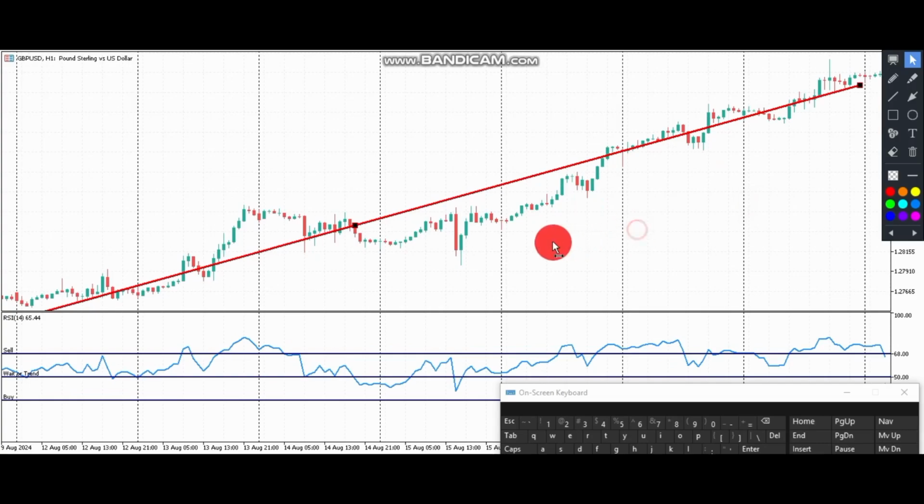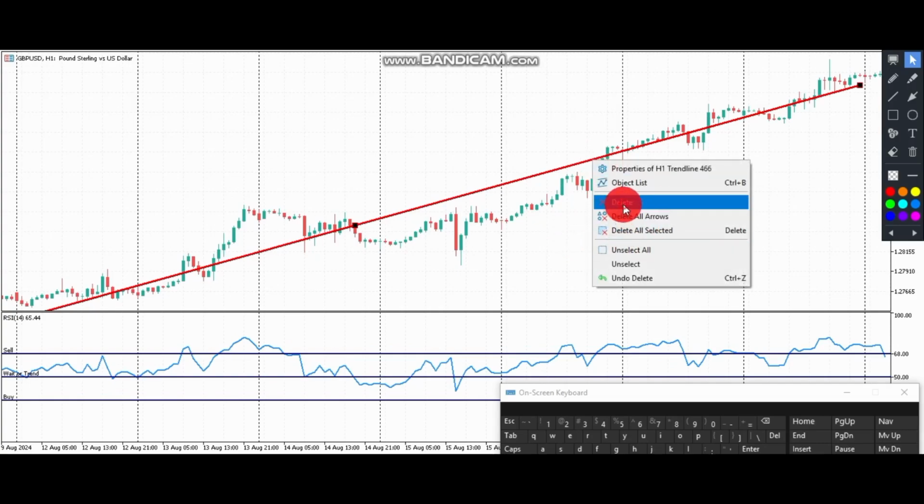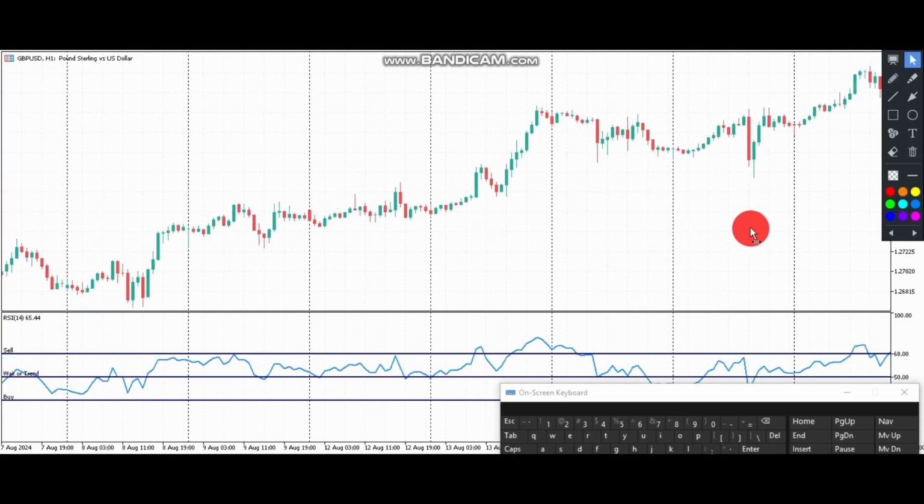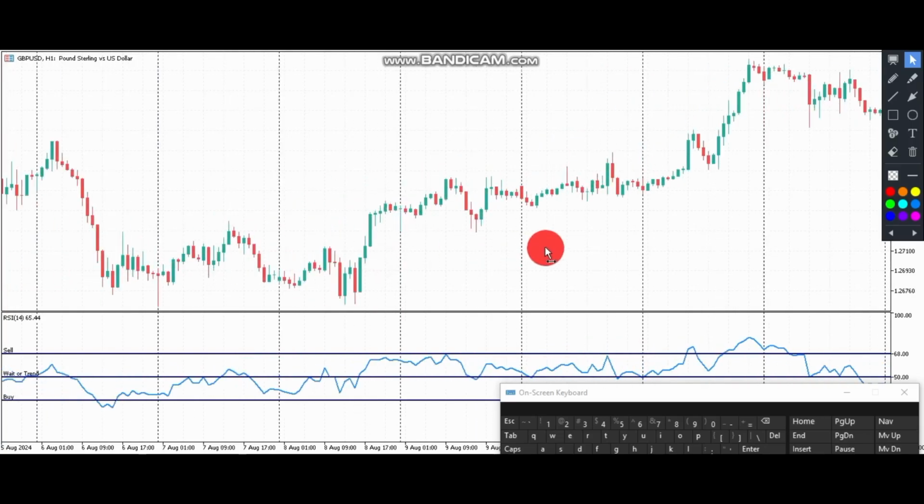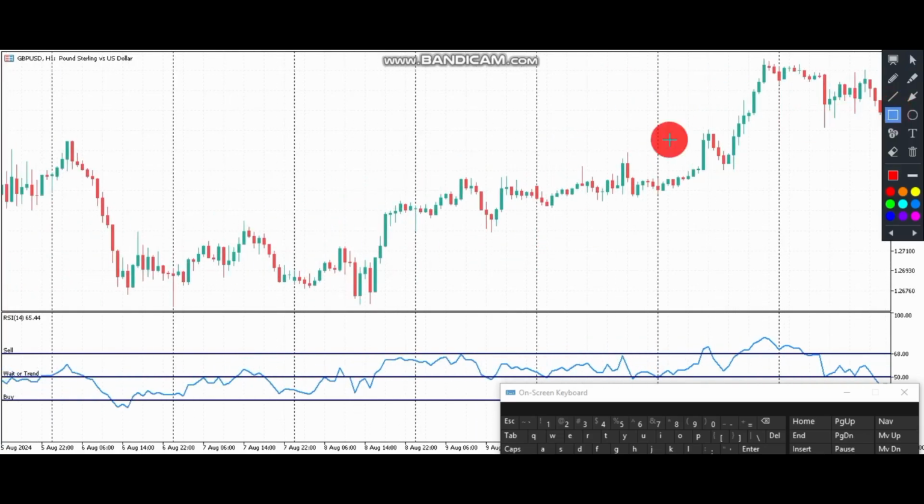Look at this place here. It started from this particular region.